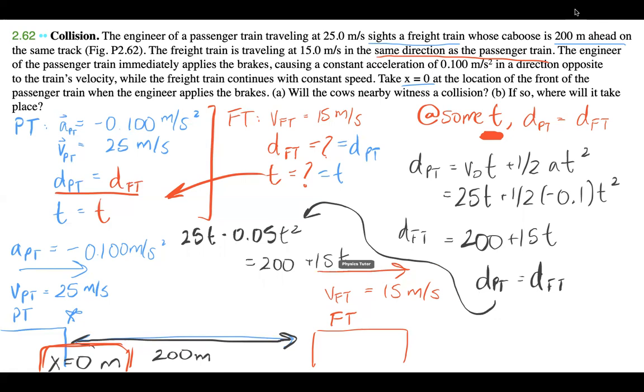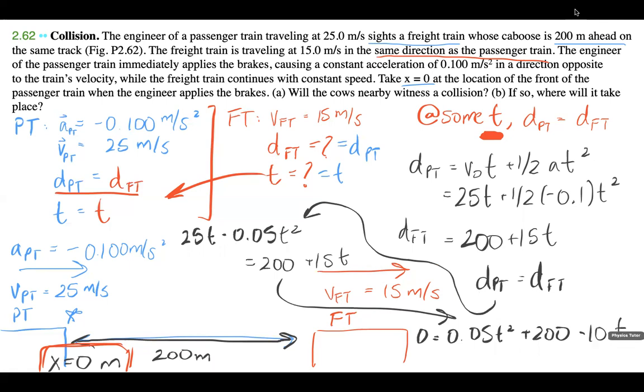Okay, actually, this does look like it was a better location. Anyways, if we simplify that, we get 0 is equal to 0.05 t squared plus 200 minus 10 t. And from that, I just plug this into a quadratic calculator, but of course you can just use the quadratic roots equation, and we get two answers. We get t is equal to 22.54, and then t is equal to 177.46.